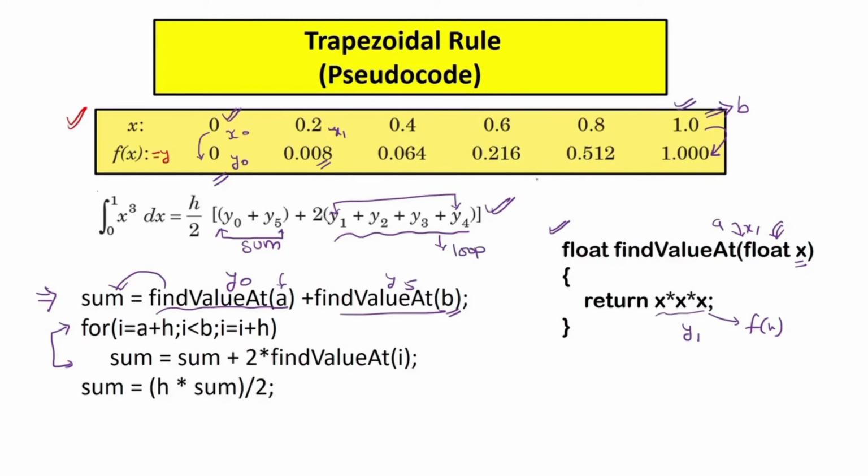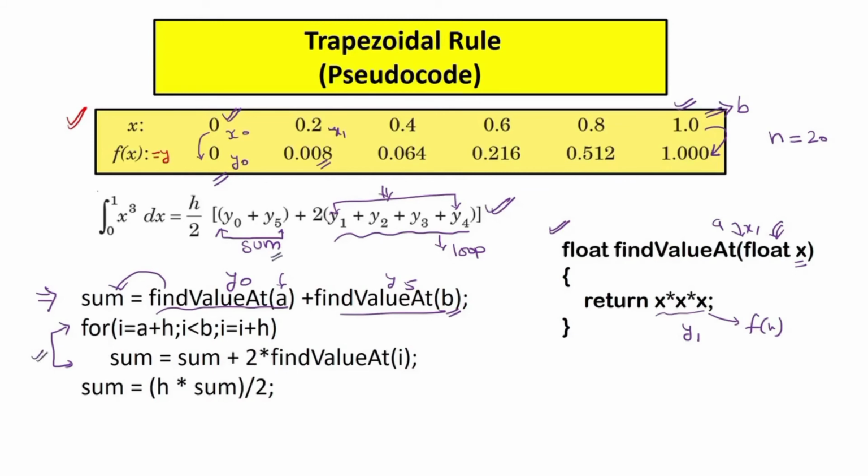For this example there are y0 to y5 values, but if the number of intervals is more than 5, let's say 20, then you will have many values of y, and it will not contain only y1 to y4, it will contain many values after y4 also. So we have to add them again and again, and for that the best way is to use a loop.